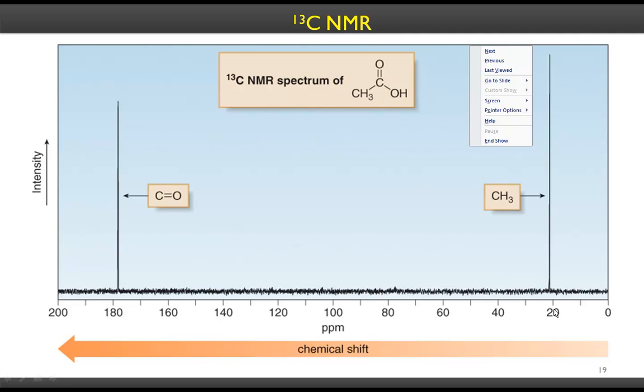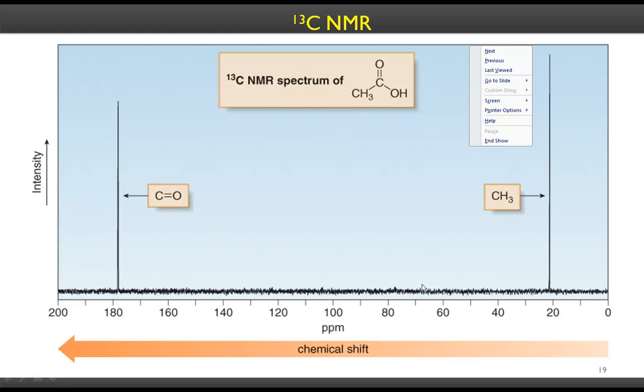Though this is at lower ppm, we call this upfield, and though it's higher ppm, we call that downfield. So if you don't want to get confused, you can remember this as towards low chemical shift or towards high chemical shift. That kind of takes care of that conflict.